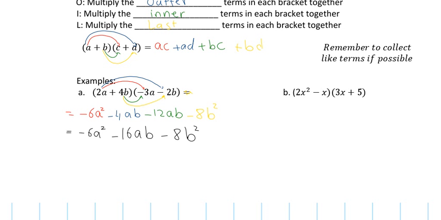So if I'm going to multiply or expand this, what do I do? What am I multiplying first? My first terms, which are? 2x squared times 3x. Good. So that gives me, okay, here's the thing. 6x what? Yep, cubed.